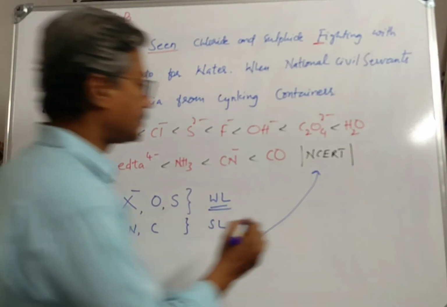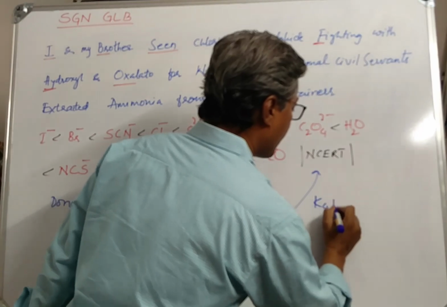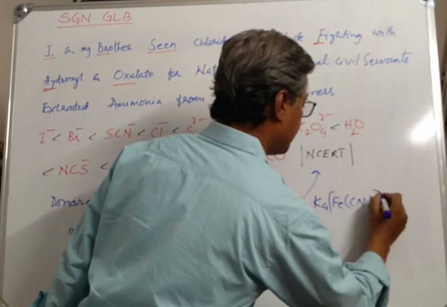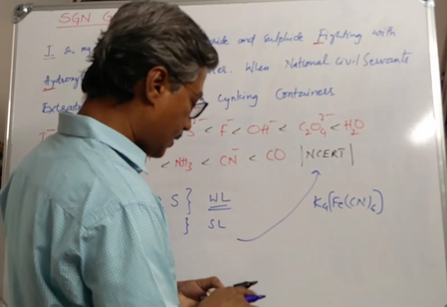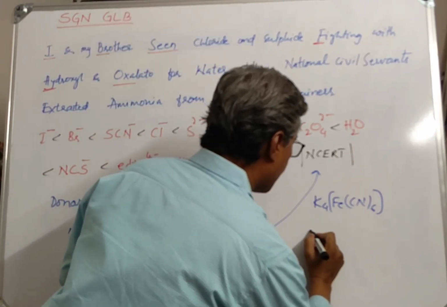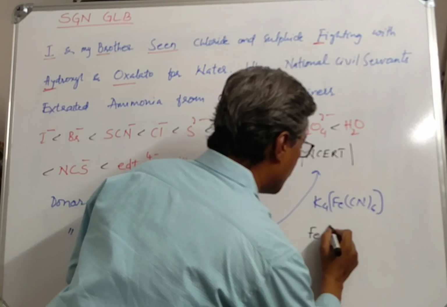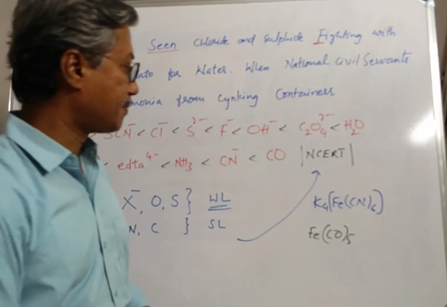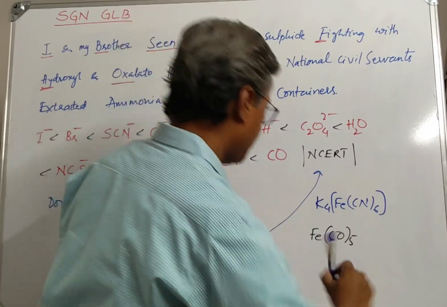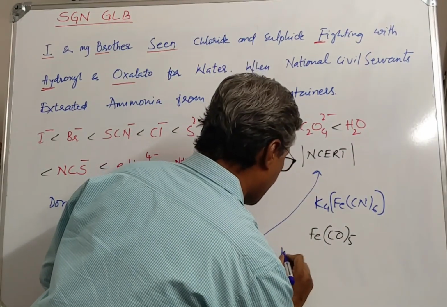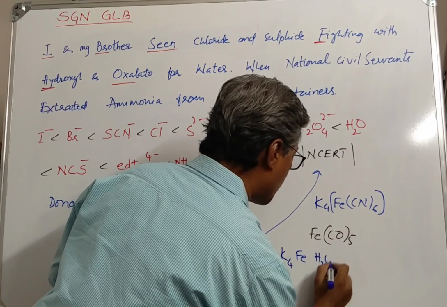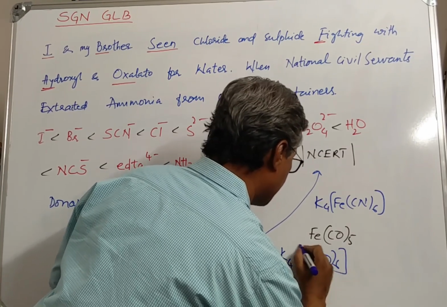For example, if you look at this, K4[Fe(CN)6], or Fe(CO)5, see here, or K4[Fe(H2O)6].